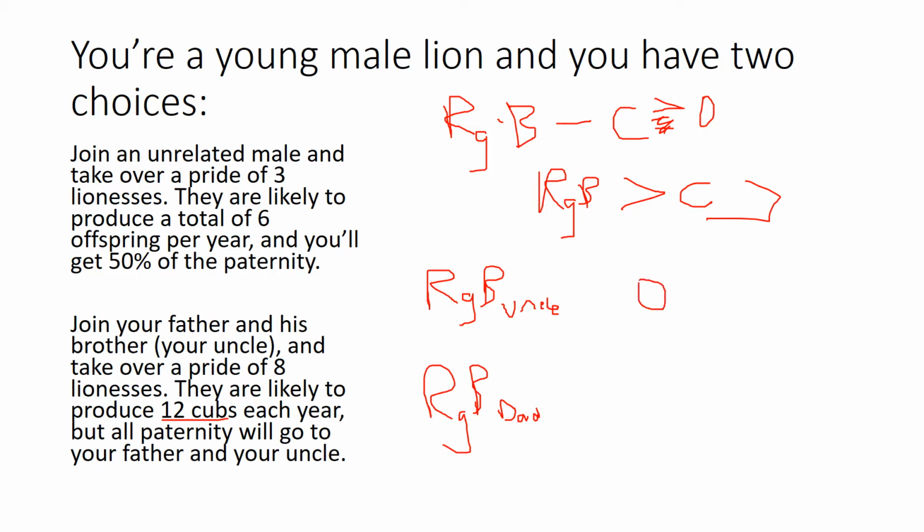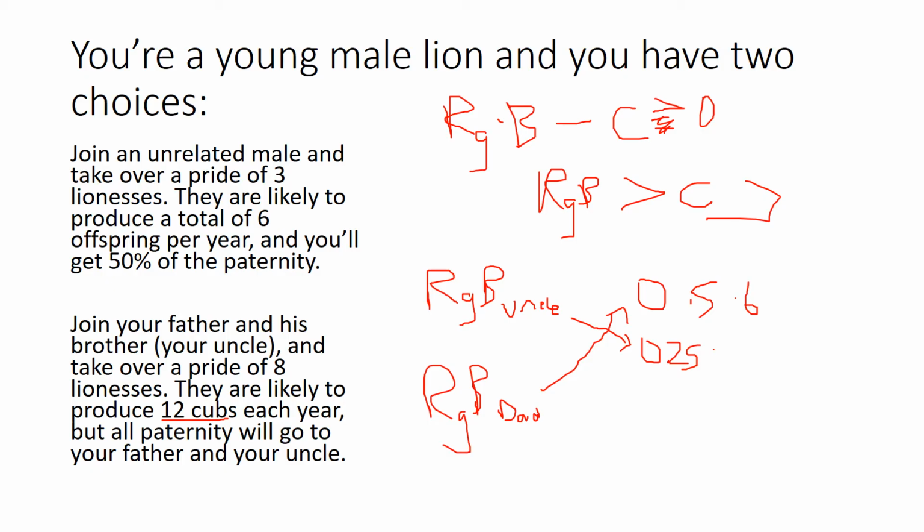So we're going to do 0.5, and then he's going to get half of these cubs, so times 6. And then we also need to figure this out for your uncle. And so he's going to be a quarter related to you.